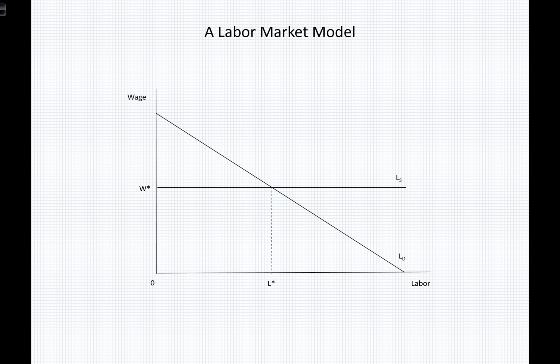Let's think about yet another. This would be a labor supply curve that's perfectly horizontal, but facing a normal labor demand curve.